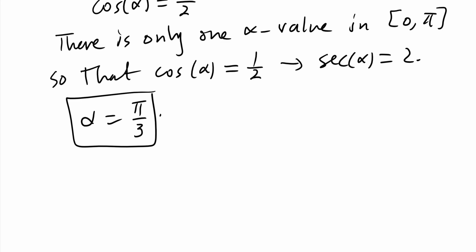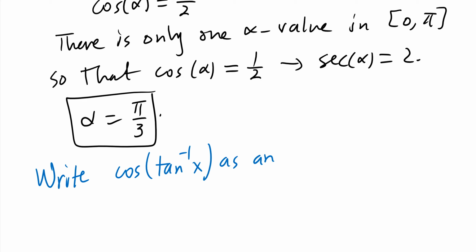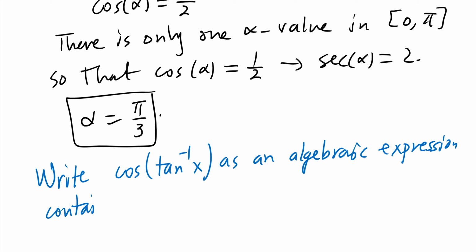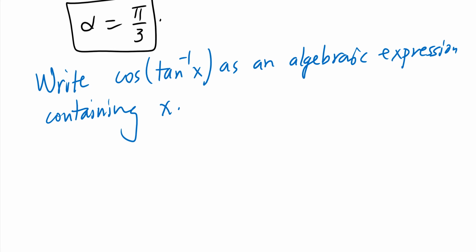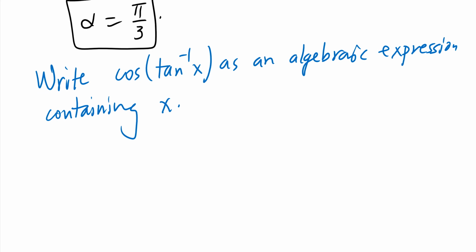Another slightly different example. Sometimes they can ask us to write cosine of tan inverse of x as an algebraic expression containing x. So what do we do with this?